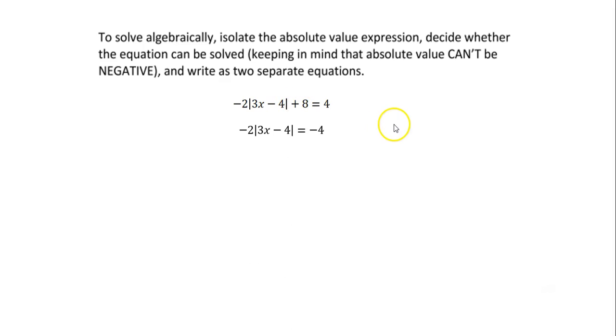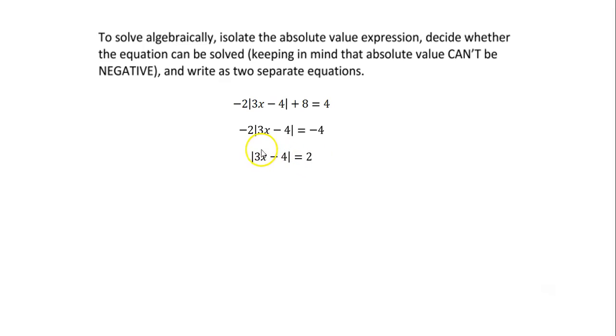Now this plus 8 is gone, and over here 4 minus 8 is negative 4. The absolute value portion is not by itself yet, so we divide both sides by negative 2, and negative 4 divided by negative 2 is a positive 2. Now we have the absolute value portion by itself, and this equals 2.